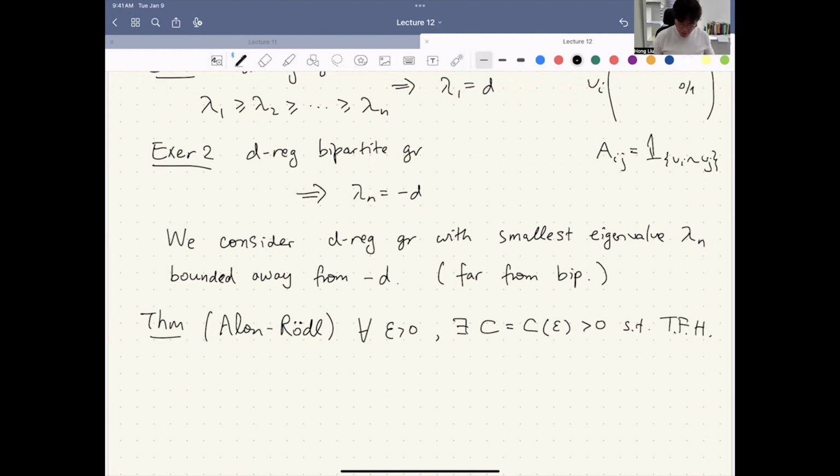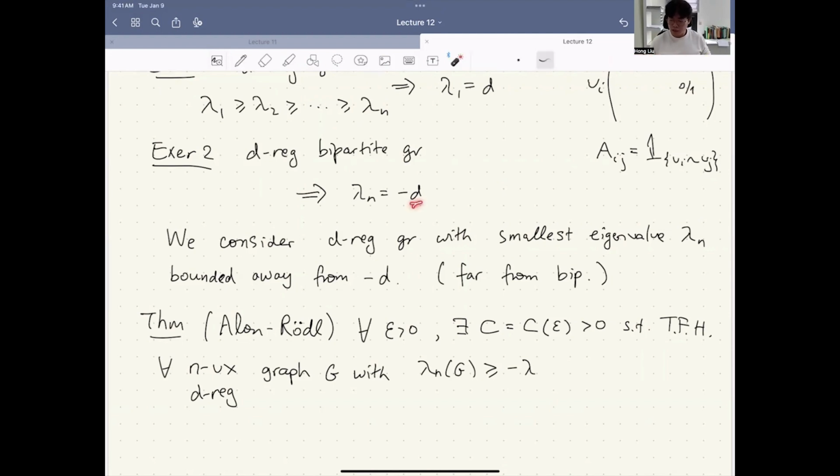For any n-vertex d-regular graph G with the smallest eigenvalue, λ_n of G, to be at least negative λ for some λ. I assume λ is a positive value, which is strictly smaller than d. So this is larger than negative d.